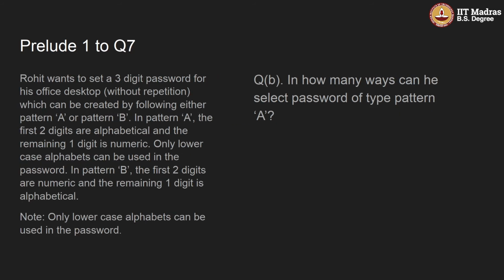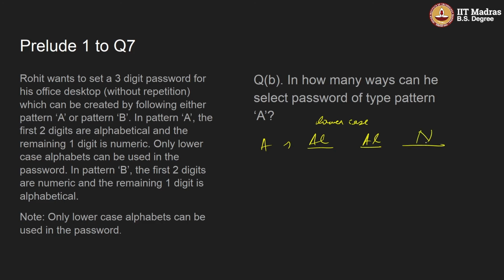Now, the second part: in how many ways can he select password of type pattern A? For type A, the first two digits are alphabets and they should be lowercase, and the third digit should be numeric.